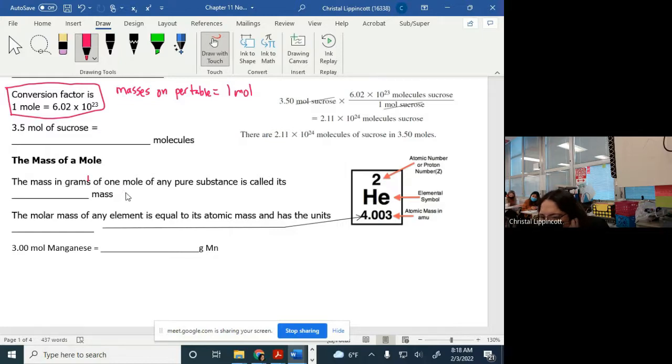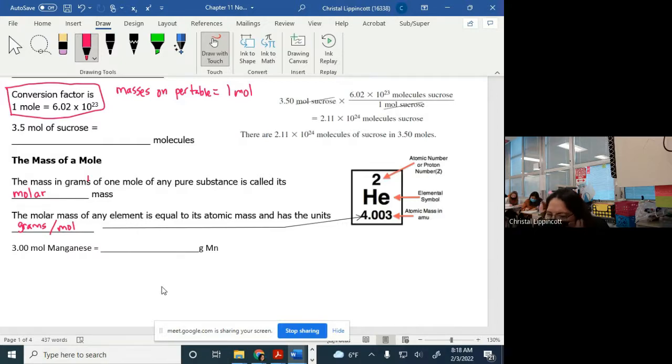Okay? So the mass in grams of 1 mole of any pure substance is called its molar mass. The molar mass of an element is equal to its atomic mass and has the units of grams per mole.